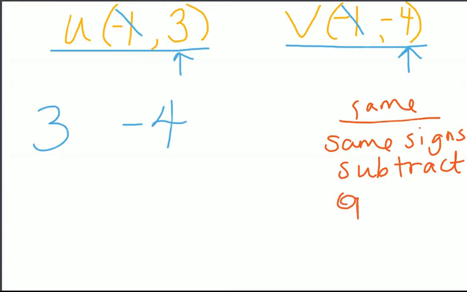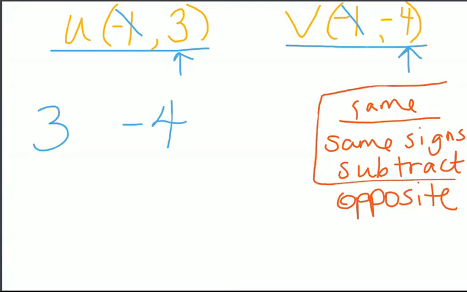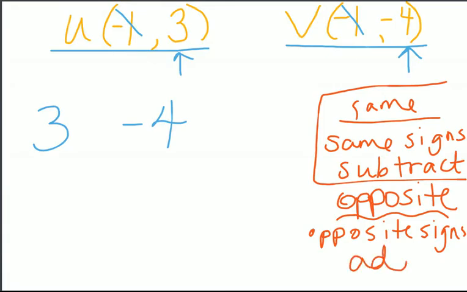If they're on opposite sides of an axis, they're going to have opposite signs, and you're going to add. Okay, so here's your rule right here that you've got to remember for every 2 points.